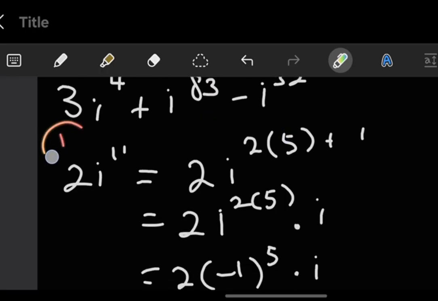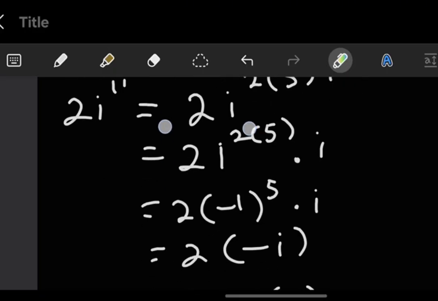First we solve 2i to the power of 11, which is equal to 2i to the power of 2 multiplied with 5 plus 1. So we get 2 times i to the power of 2 to the power of 5, multiplied with i, and i to the power of 2 is equal to negative 1.